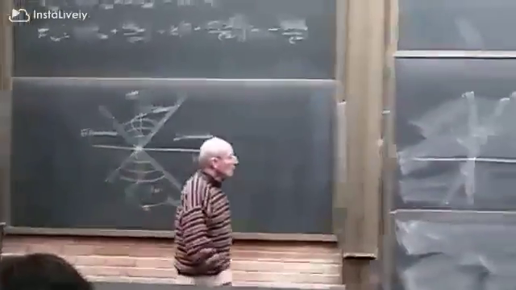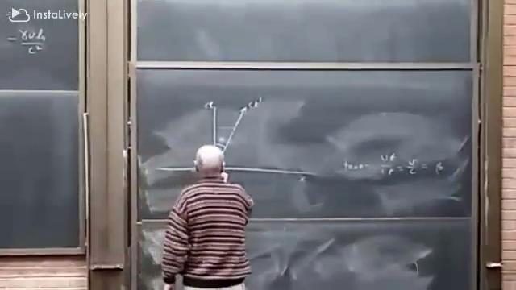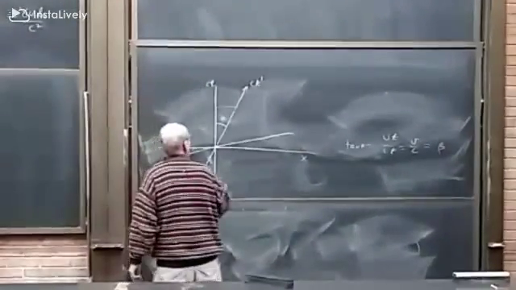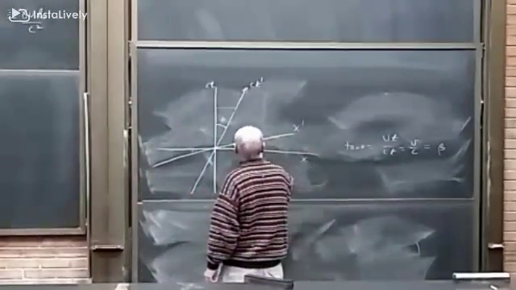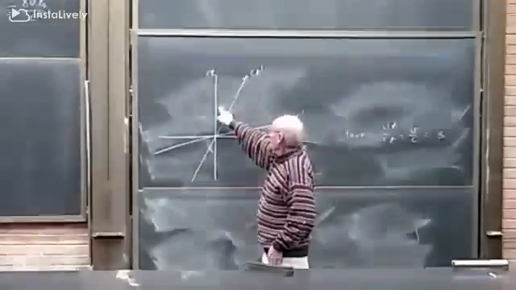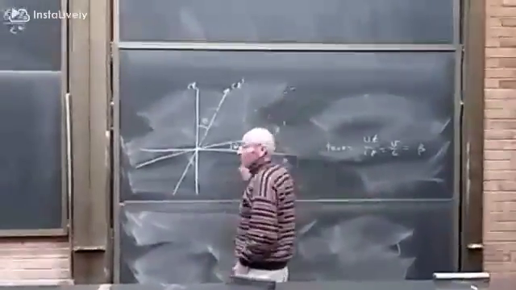And that means that the x prime axis must be inclined upward at the same angle as this one was inclined that way, so that the path of a light ray is always the same.